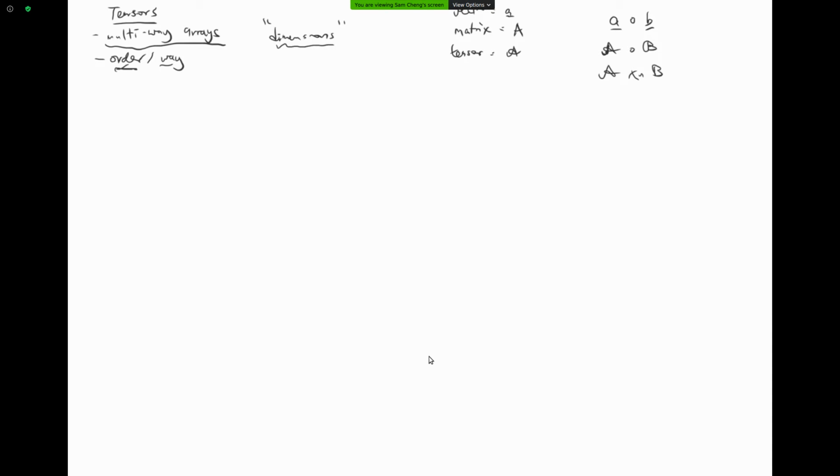A scalar will be just a small letter. A matrix will be a large uppercase letter, and a tensor will be a script uppercase letter.